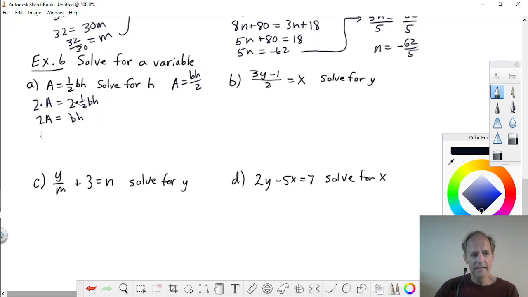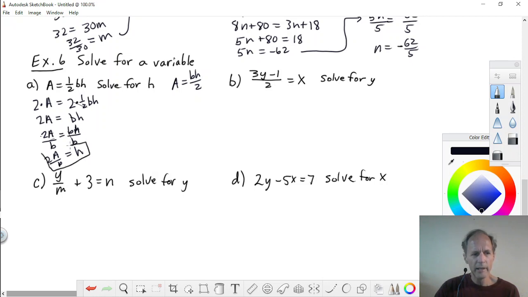You see, this is exactly how you solve the other problems. Divide both sides by b. Okay, that's h there, a little messy. On the left you have 2a over b. On the right, the b's cancel, you have only h, which is what we were trying to get.